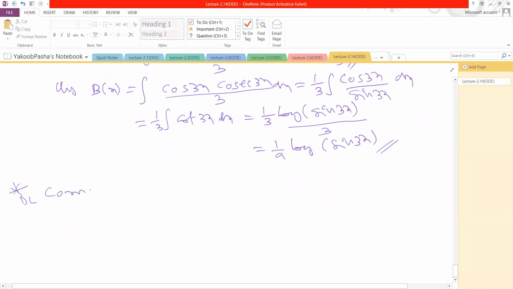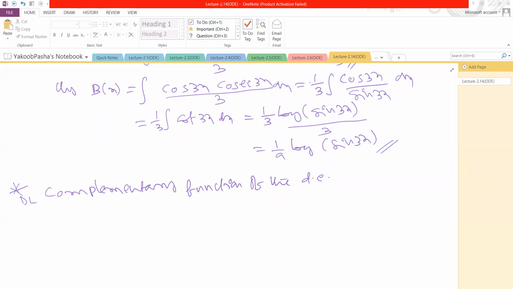Complementary function of the differential equation (D square plus a square) into y is equal to... sorry, it is not cosec 3x, it is sec ax.